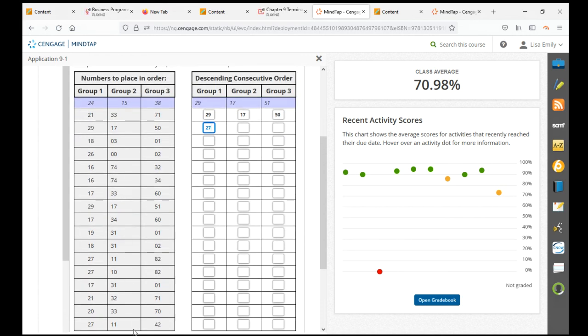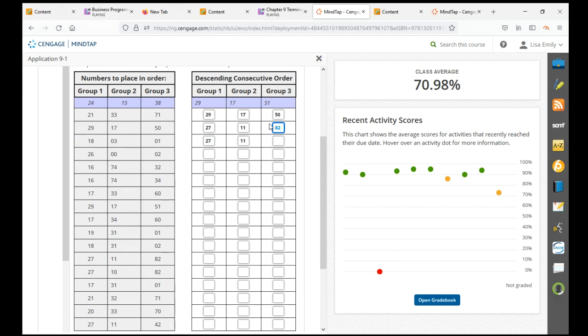We've got 27, 11, 42, and 82. I'm going to put both of them at 27, 11, and then we've got 42, 27, 11, 42, 27, 11, 82.